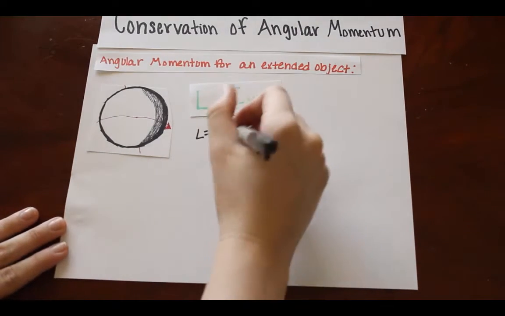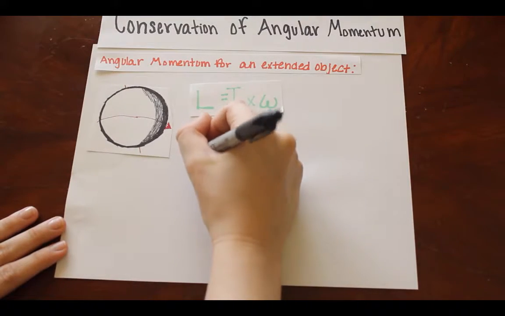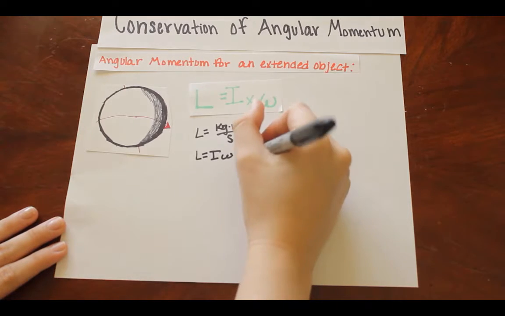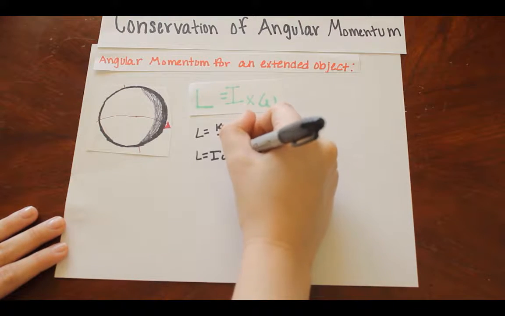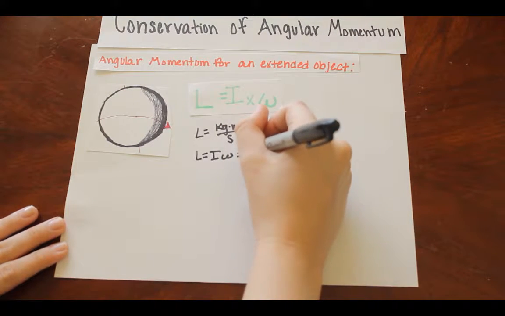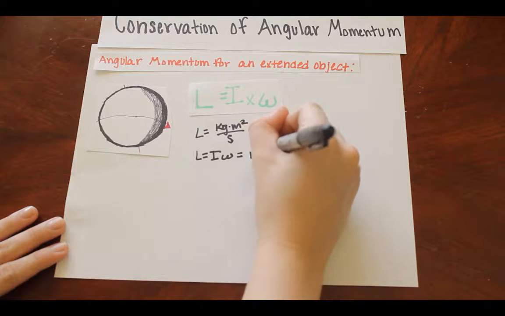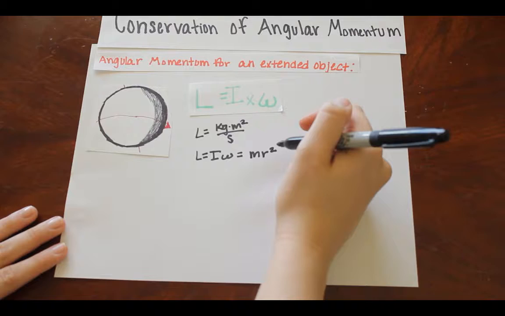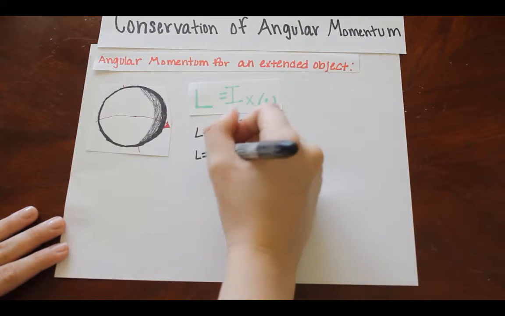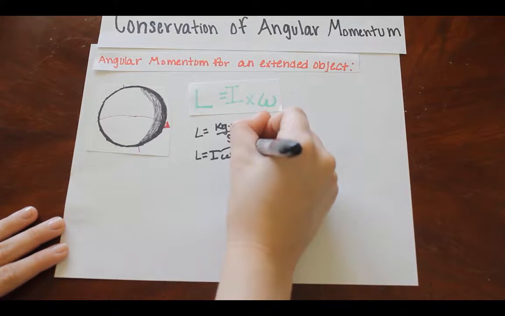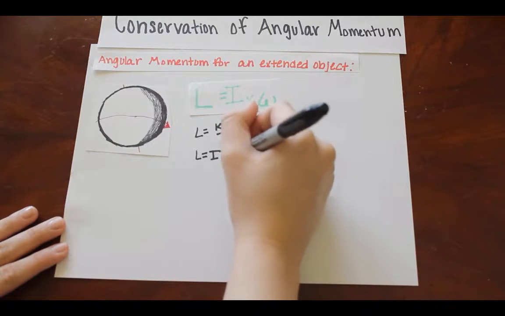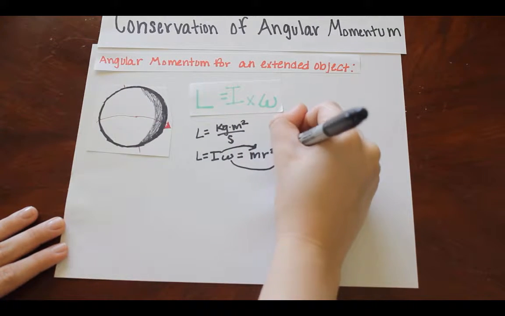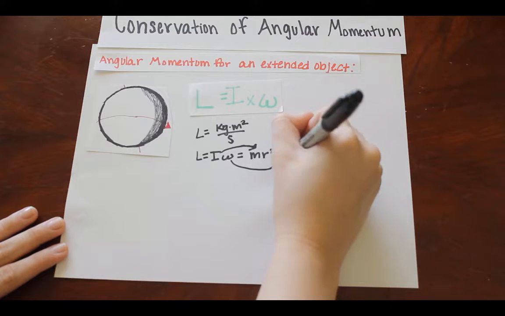So if we continue on, we have L equals I omega, where I goes to mr squared because that is the most commonly used inertia equation for a point object. And omega is v over r.